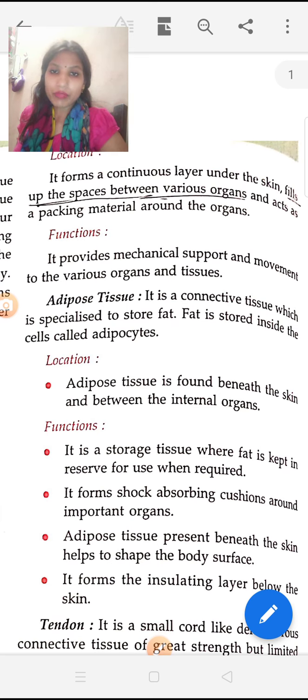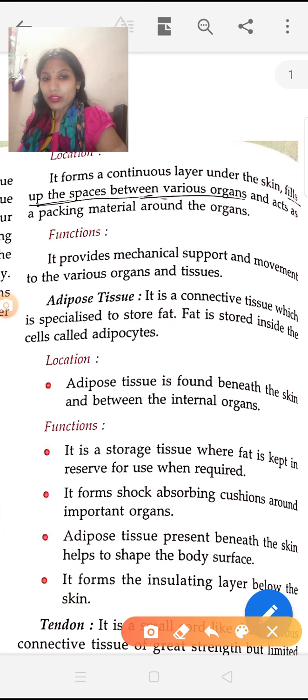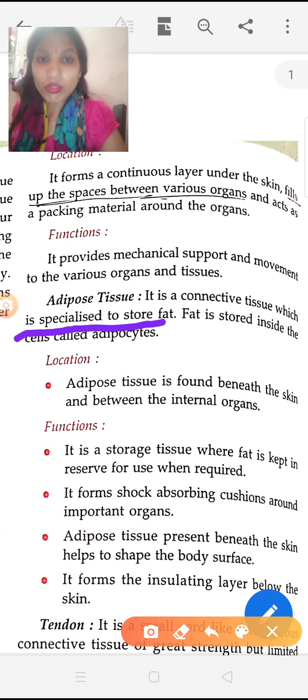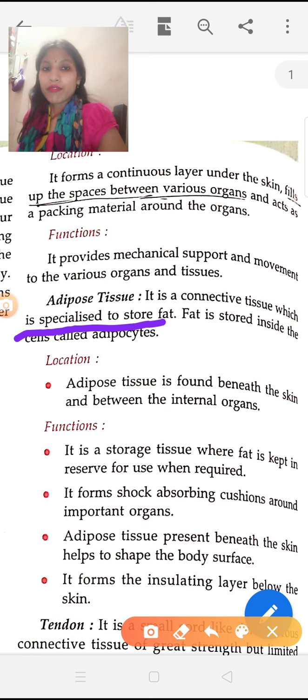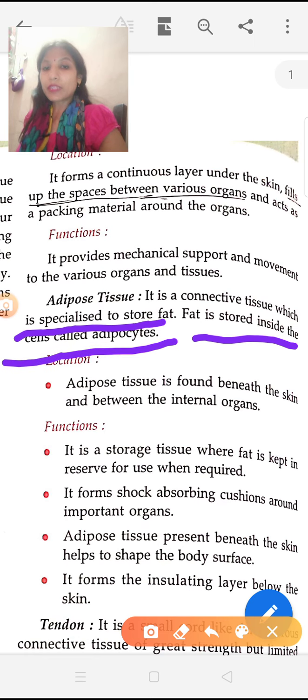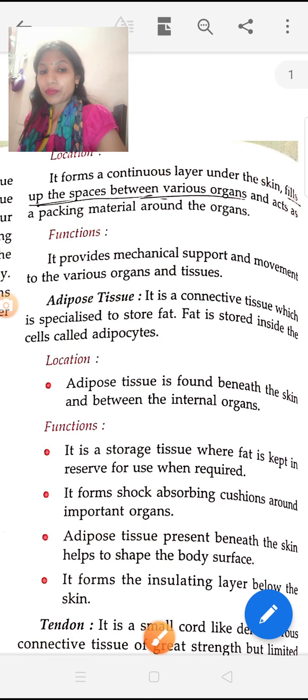Then next we come to the adipose tissue. Adipose connective tissue is specialized to store fat. Fat is stored inside these cells called the adipocytes. The adipose connective tissue is commonly known as fatty or fat tissue.